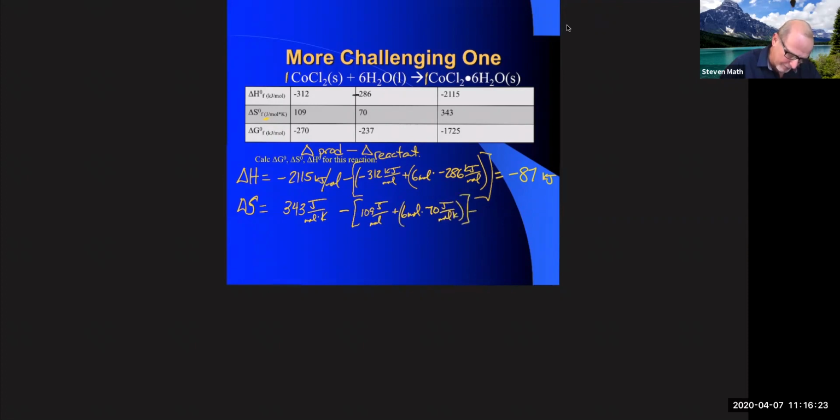Get everybody happy mathematically. And we're going to find out this is a negative 186 joules per Kelvin. Remember, the moles worked themselves out because we had coefficients.